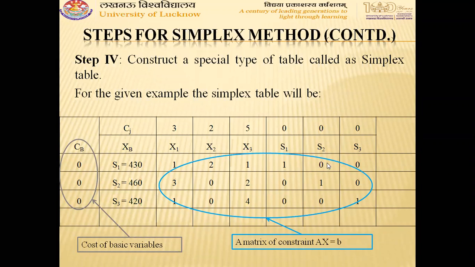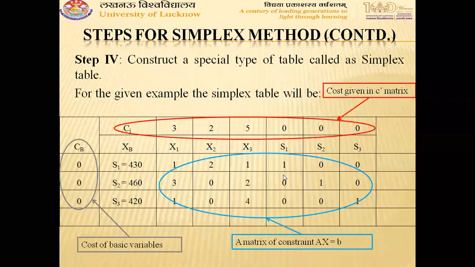And here you can see these values written are nothing but the A matrix, that is, the coefficient of x1, coefficient of x2, coefficient of x3 in the constraints.